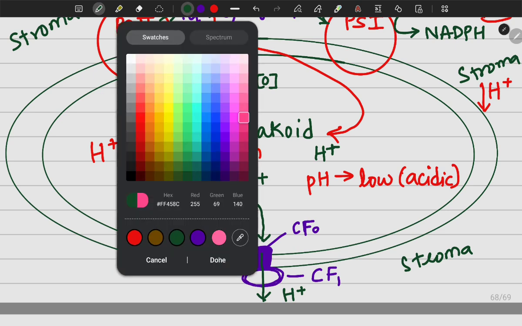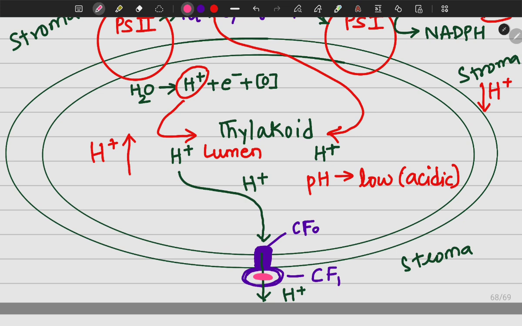So this CF1 part has the ATP synthase enzyme. Suppose this is the ATP synthase present inside the CF1. Now when the hydrogen ions pass through this complex, a high amount of energy is released which activates this ATP synthase enzyme.